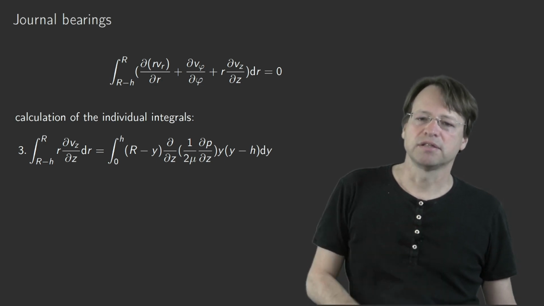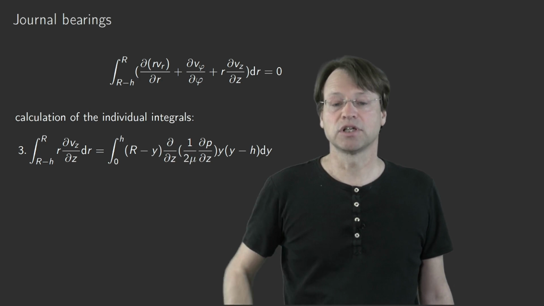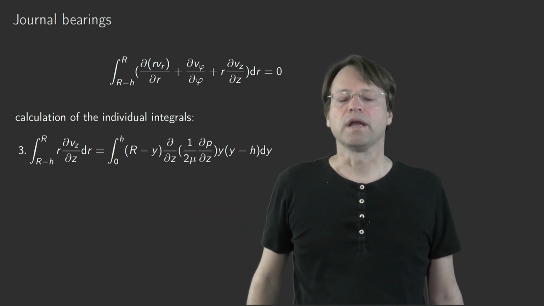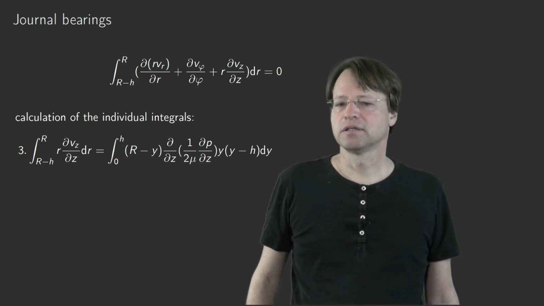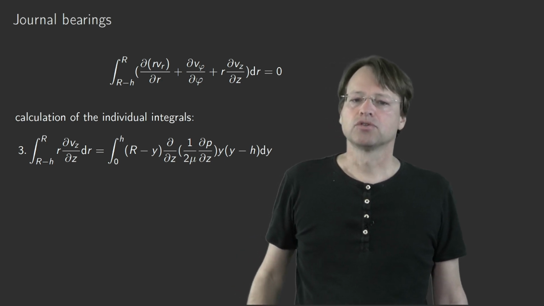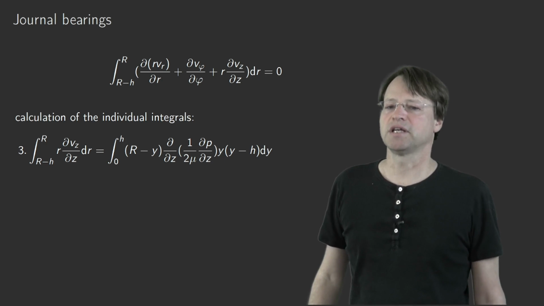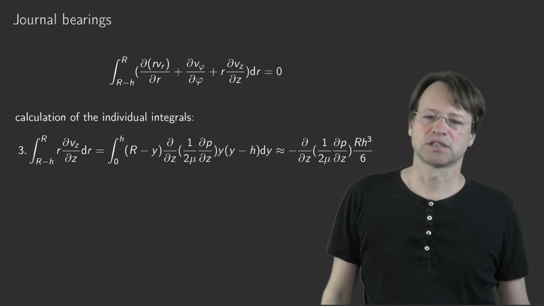And we simplify this integration even further because we observe there is again an expression where we have a capital R minus y. So this can be approximated by capital R. Then we have the same expression as before, y times y minus h to integrate, and this yields h cubed divided by 6.